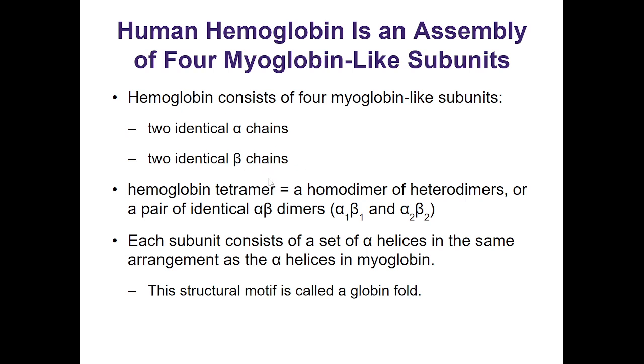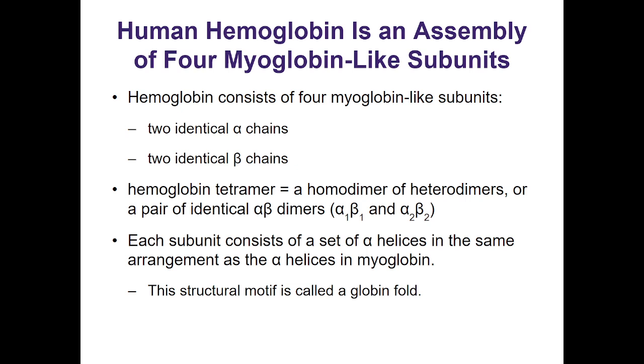The hemoglobin tetramer, tetra 4, so there's 4 subunits being joined together, is a dimer of heterodimers. Does that make sense? Okay, so if you split them into 2, you can have 2 structures that are the same, right?